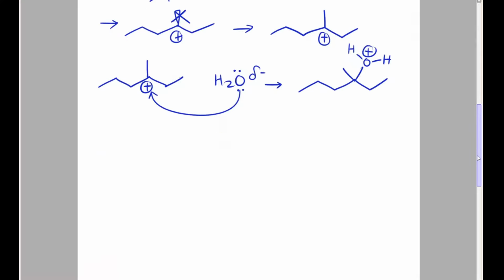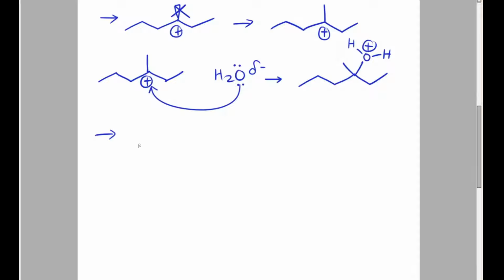And actually, we can redraw this as 2 different intermediates, because now that we have 4 substituents to this carbon atom, we can actually draw stereochemistry. So we're going to have one with the methyl group being wedged and this water molecule being dashed. We're also going to have one where it's the opposite way around.